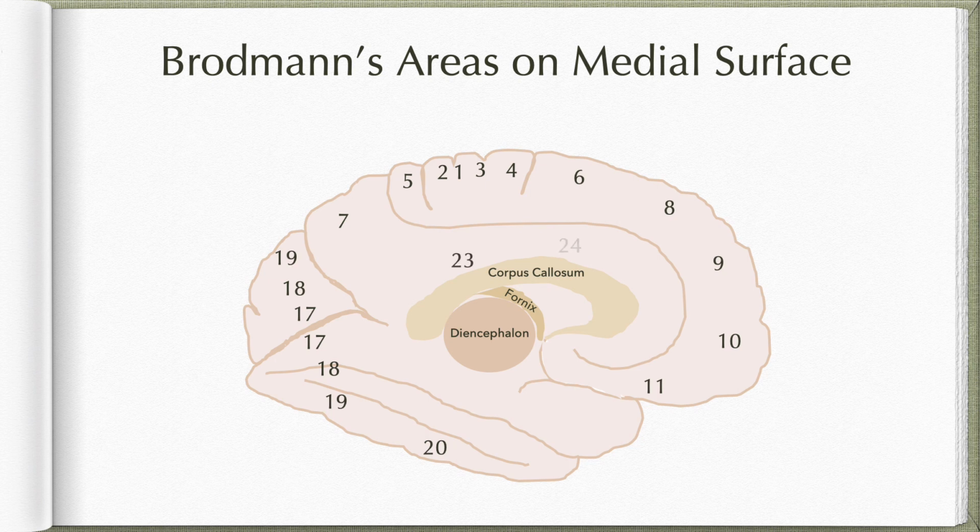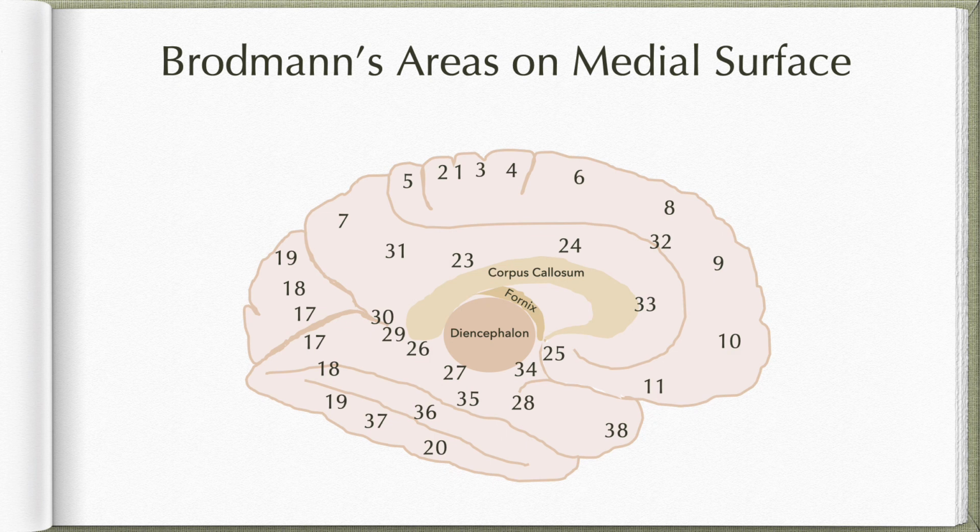Then we have got 23, 24, 25 in cingulate gyrus, 26 in cingulate gyrus, 27, 28 and 29 in the parahippocampal gyrus, 30 in the isthmus region, 31 the lower part of the precuneus, 32 again the upper portion of the cingulate gyrus, 33 anterior portion of the cingulate gyrus, 34 at the uncus, 35 lateral part of the parahippocampal gyrus, 36 and 37 in these regions, that is medial and lateral occipitotemporal gyrus. 38 of course is the temporal pole.